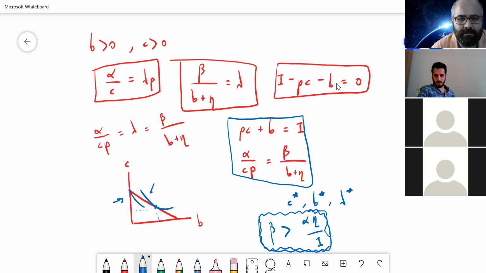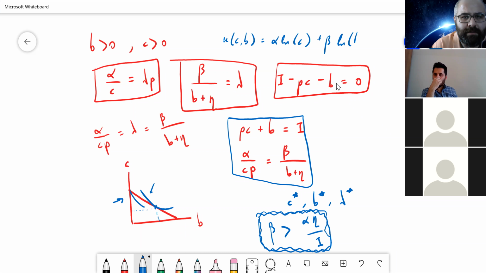What does it tell you? Remember what beta is. Beta is in the utility function, alpha ln C, beta ln(B plus eta). So if beta is larger than this threshold, then B is positive.